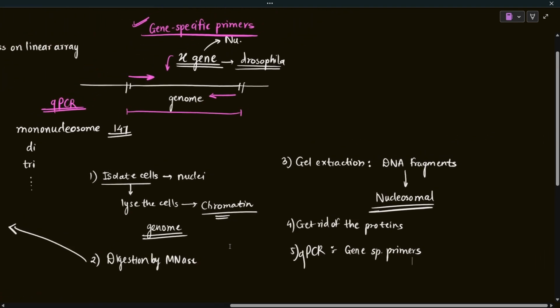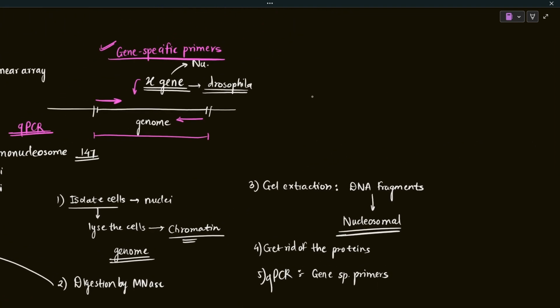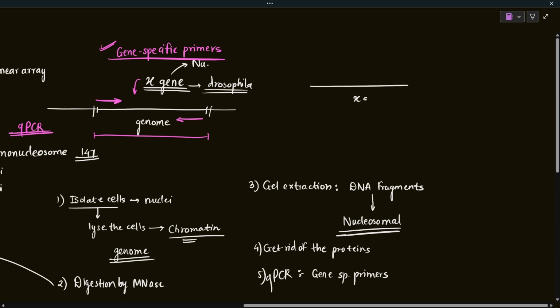When you perform the qPCR, for primers to go and hybridize with this template, this X gene, the gene needs to be free. If it is occluded by nucleosome, the primer can't go and attach to the template, and the PCR amplification would not be efficient.